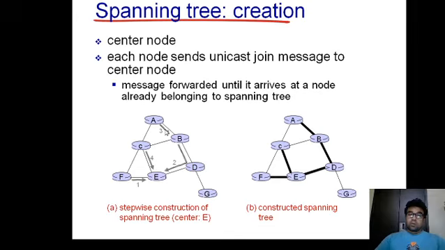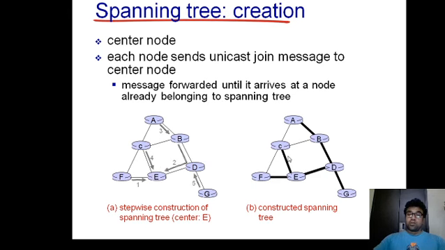Now again, if C has to send a unicast message to E in the shortest way with the help of distance vector routing algorithm, it finds this particular way, which means C is directly connected with E. So C will create this particular branch as a spanning tree branch, you can see over here.